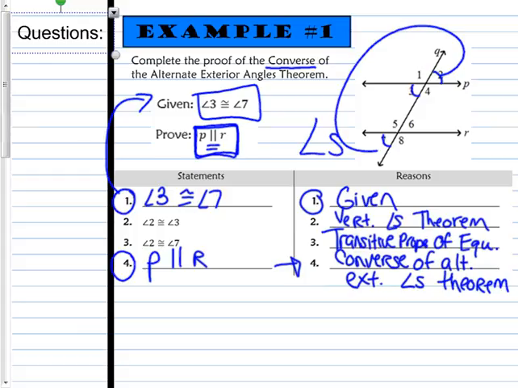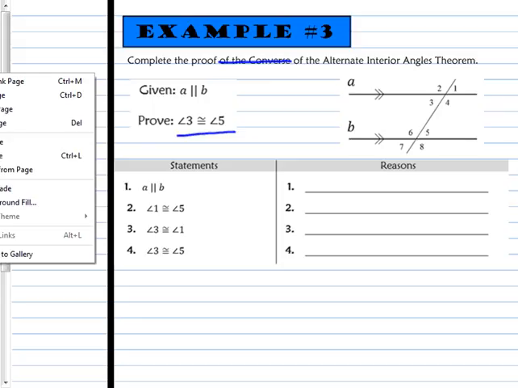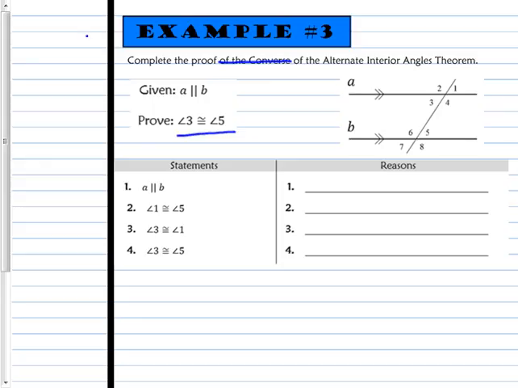But actually here, I'm just completing a proof of the alternate interior angles theorem. So I'm not actually proving lines are parallel because I already know the lines are parallel. Okay? I'm sorry about that, guys. I didn't catch it till I had already given you your notes. And I left it in the Smartboard presentation so I could show you to cross it out.